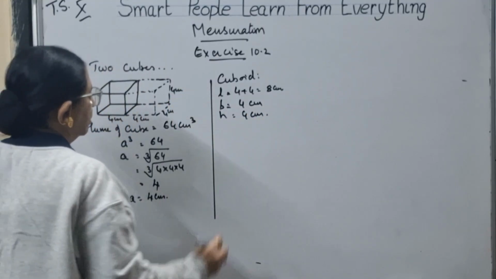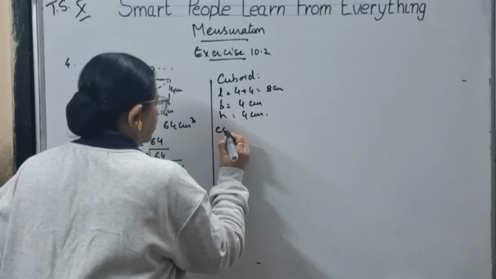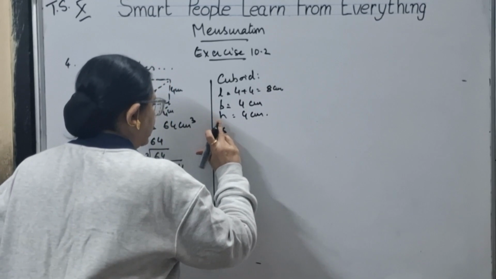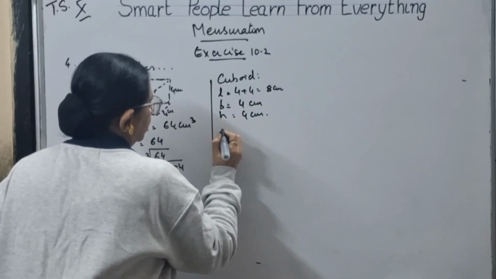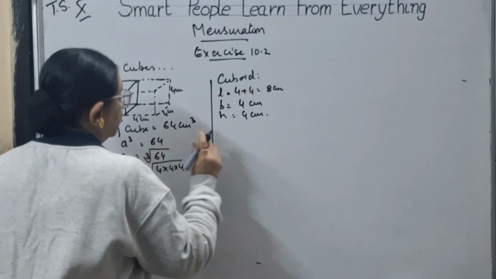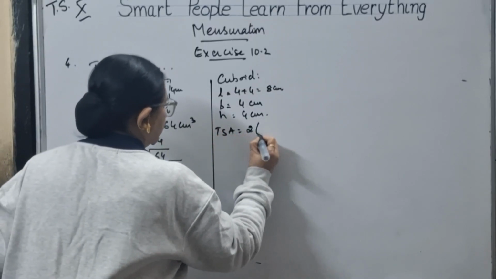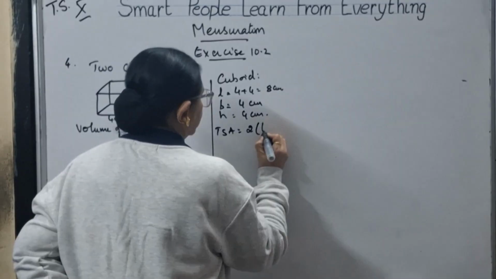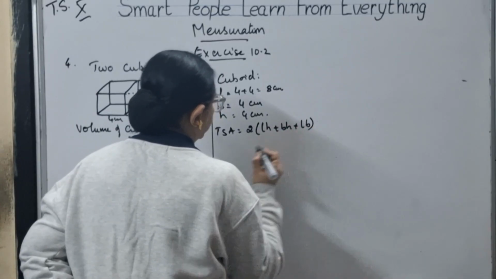The question is to find the surface area. CSA, we will call it lateral surface area. LSA, lateral. This is actually the total surface area only. Total surface area is 2 into (LH plus BH plus LB).